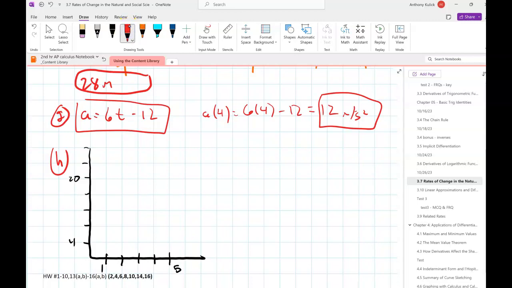All right. Well, let's do acceleration first. That's easy, right? So I know that a of 2 is 0, and then a of 4 is 12. So that's just a straight line.